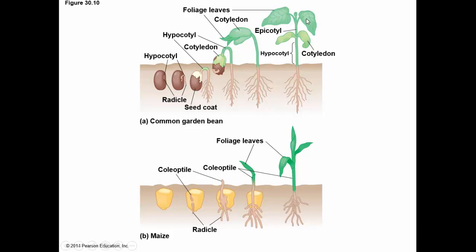Now the plant is ready to undergo photosynthesis on its own, and it no longer needs to rely on the cotyledons that are storing the energy from the endosperm for its nourishment. The example of maize at the bottom illustrates a monocot's germination.